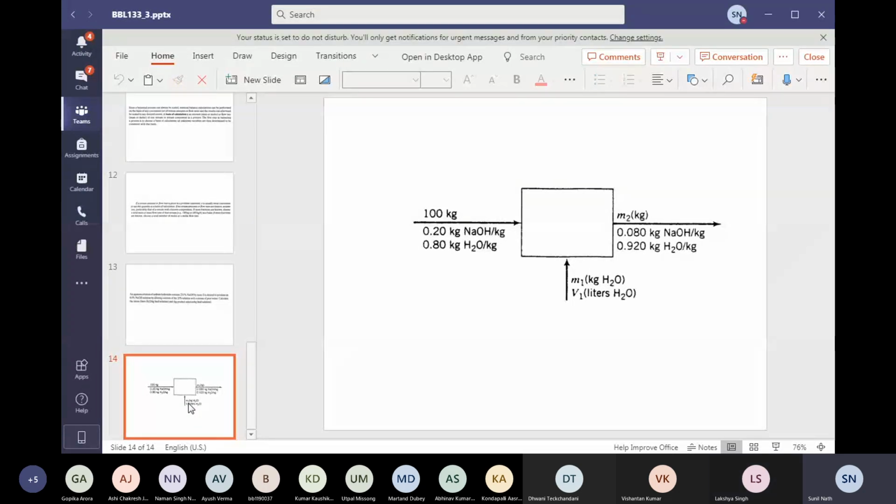Or rather, 100 plus M1 must equal M2. So from those, you know M2, and so you can find out M1. How much does it work out to be? 150 kg.